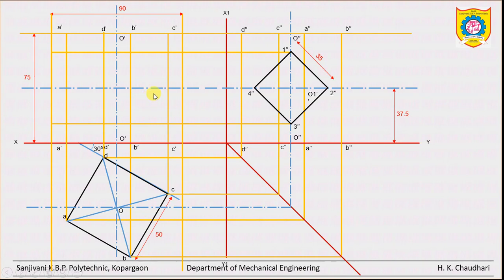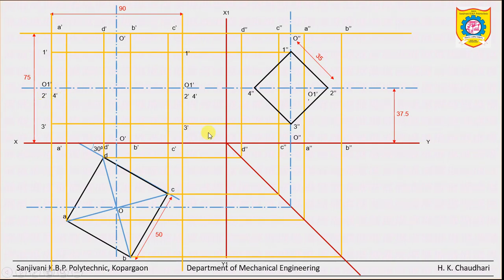Now just label the points on the surfaces. These are the corners on the right face, and similarly here these are the corners on the left face of the prism.